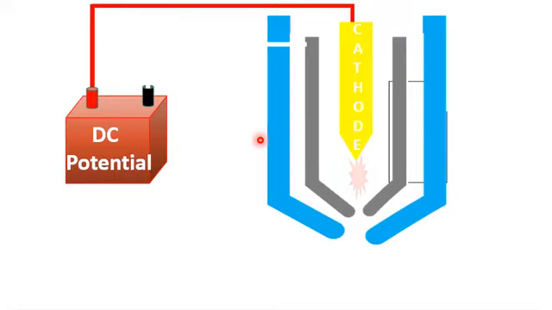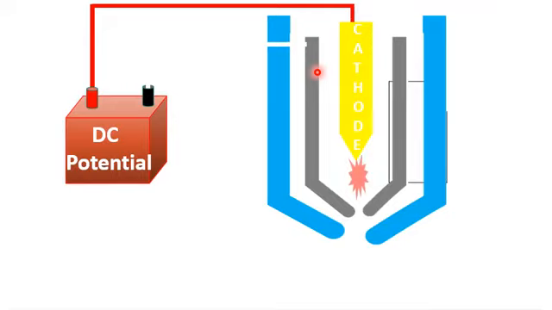Now, dear student, the nozzle of the plasma arc igniter is connected with the positive terminal of the direct current potential source, whereas the cathode is connected with the negative terminal. The potential between the cathode and the anode, which is basically the nozzle, is very high.